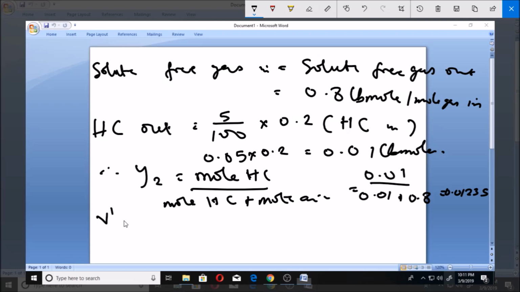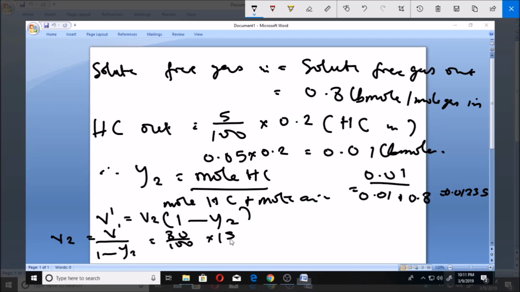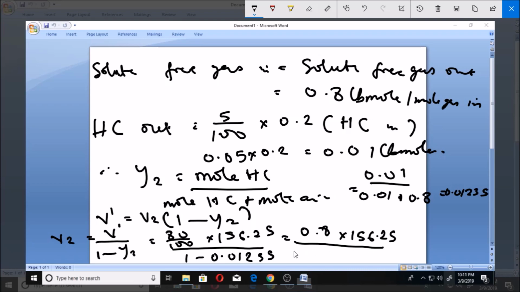With this, we can now find V2 from V prime equal to V2 times (1 minus Y2). So V2 is V prime over 1 minus Y2, which is 0.8 times 156.25 over 1 minus 0.01235, which finally gives us 126.6 pound moles per hour feet squared.